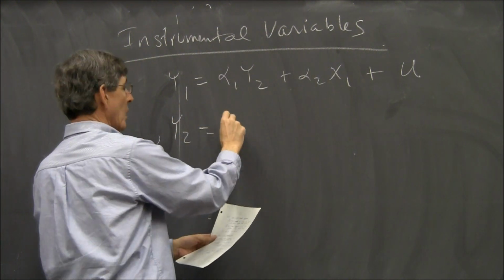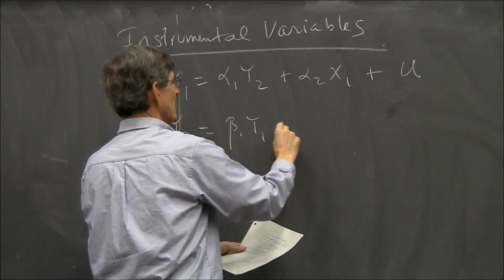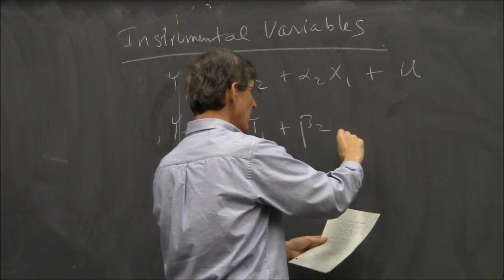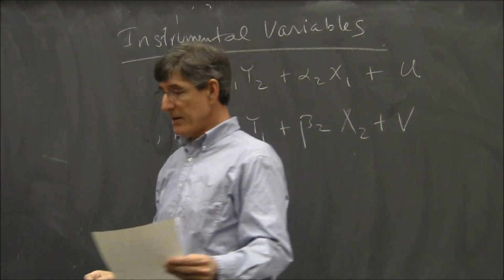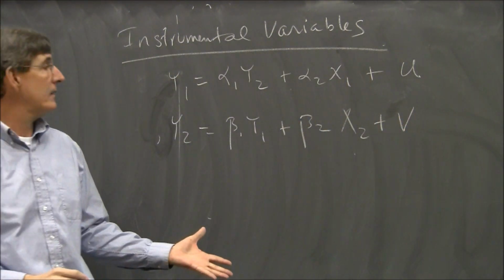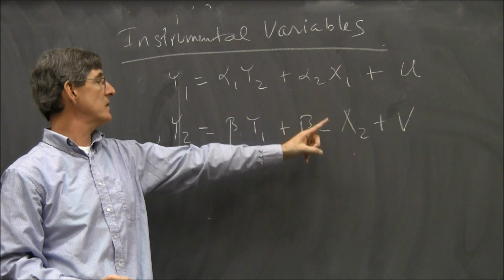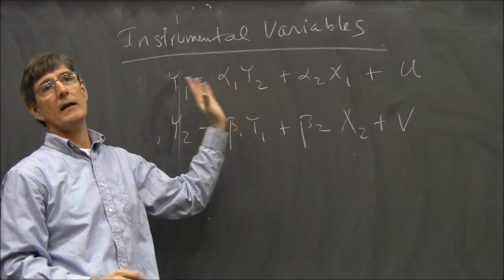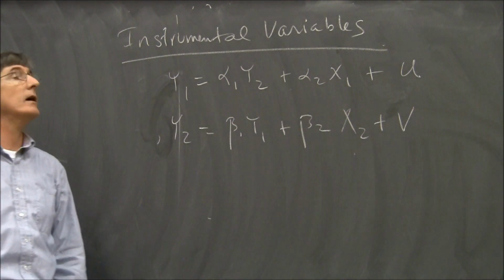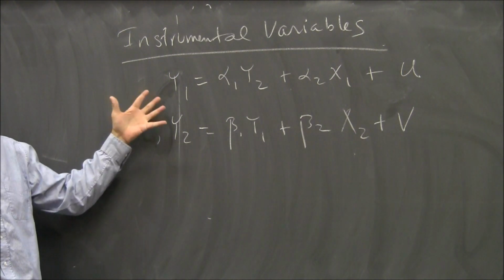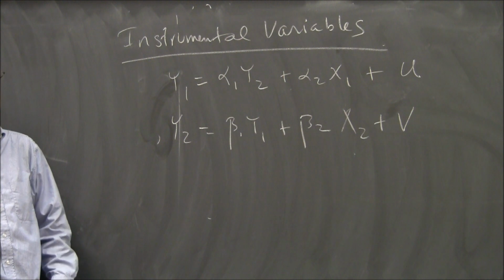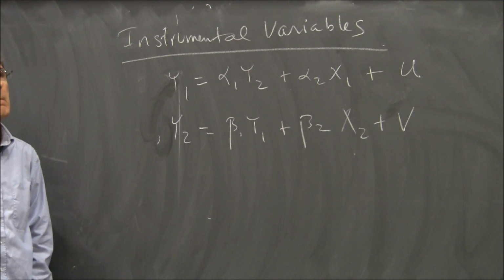Y2 is beta 1 y1 plus beta 2 x2, I hope, yes, plus v. This is exactly identified because I'm missing an x2 and missing an x1, and g minus 1 is 1. So we could use ILS here, but we're going to do something else instead.